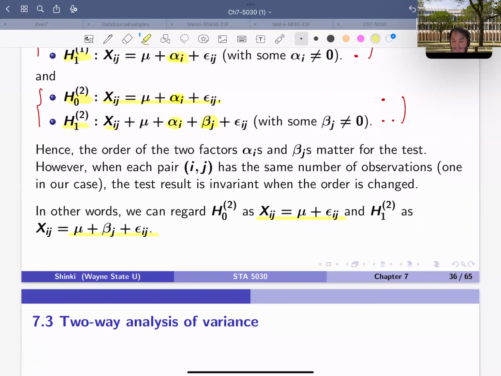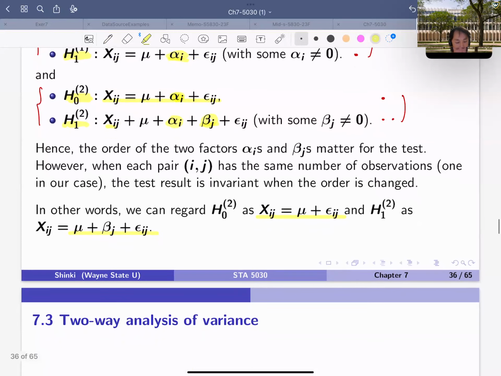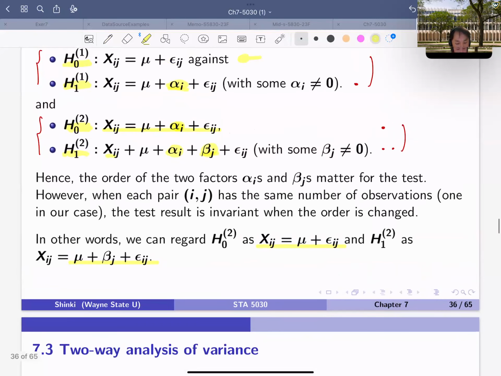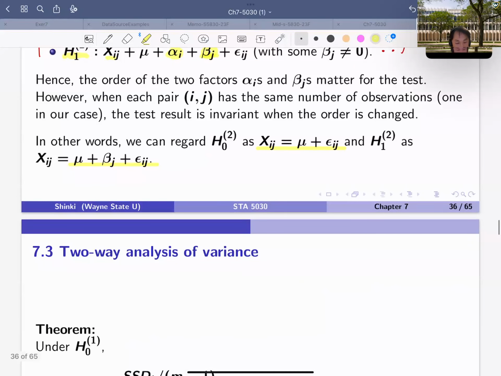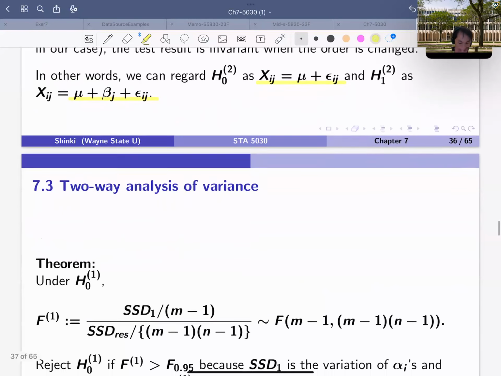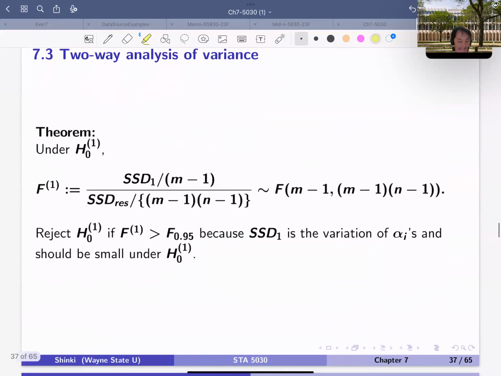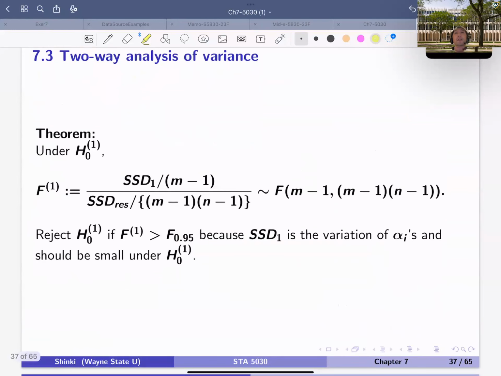Later we will discuss a more general model, and in that model, if we have different numbers of observations for each pair ij, then the order actually matters. Questions?